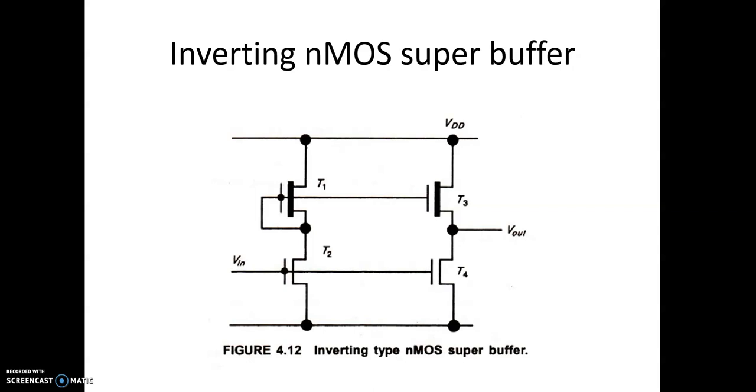More the gate voltage, more will be the drain current. Since now the gate voltage is almost equal to VDD, a very high value, the drain current will also be high, and it will quickly charge the output capacitor. So the rise time will also improve. The fall time is anyway fast, and the rise time will also improve because the current IDS is more, because VGS will be more.